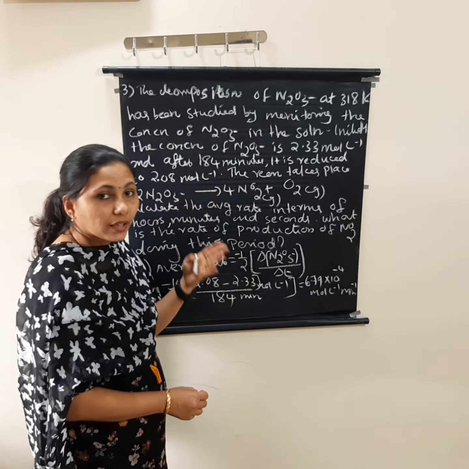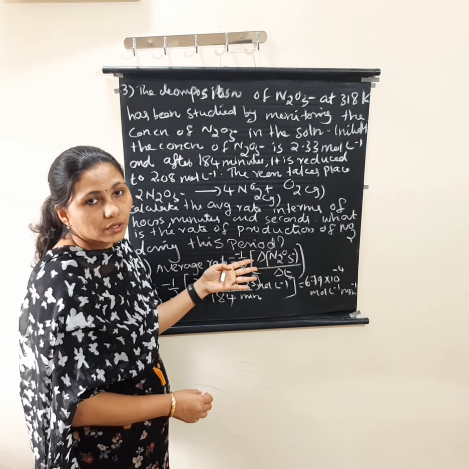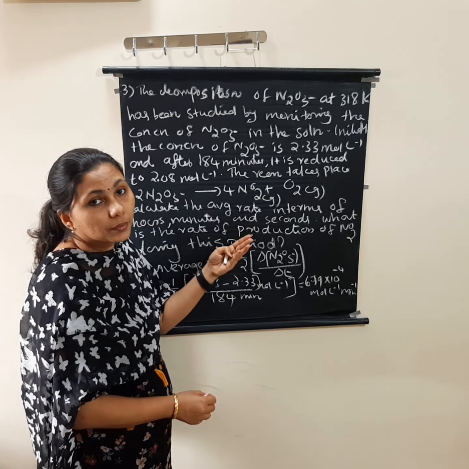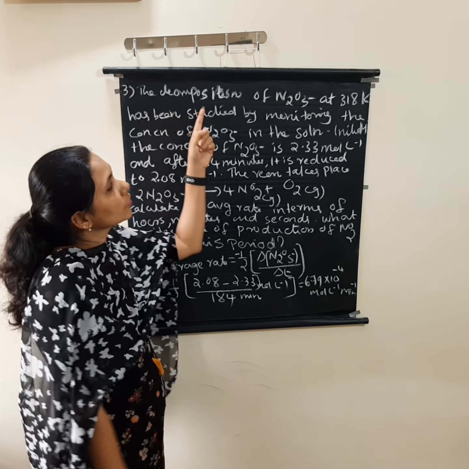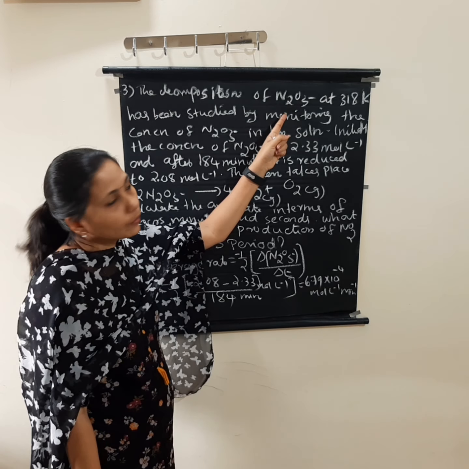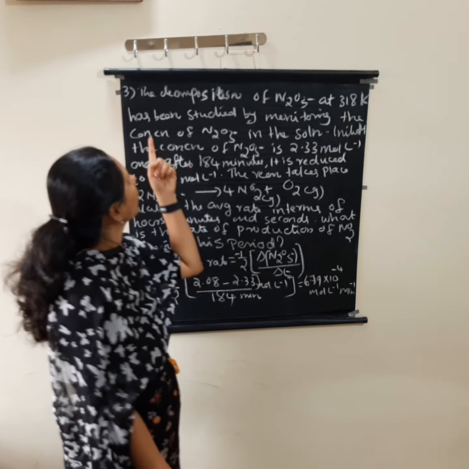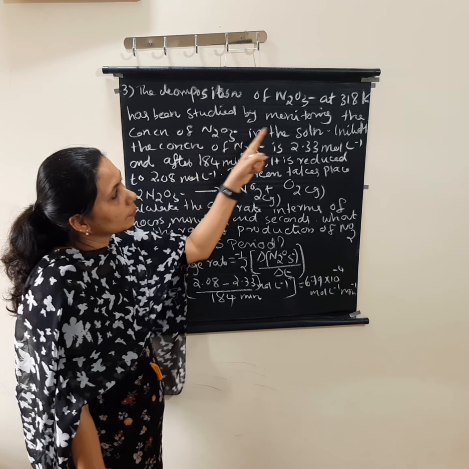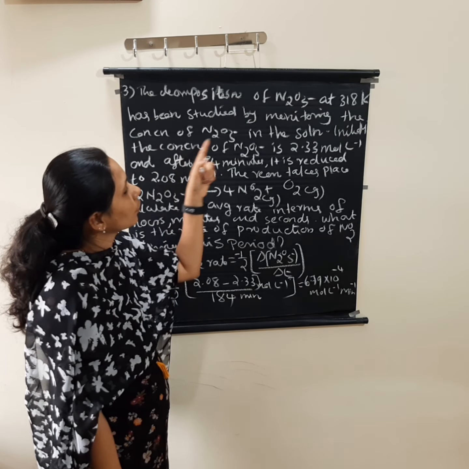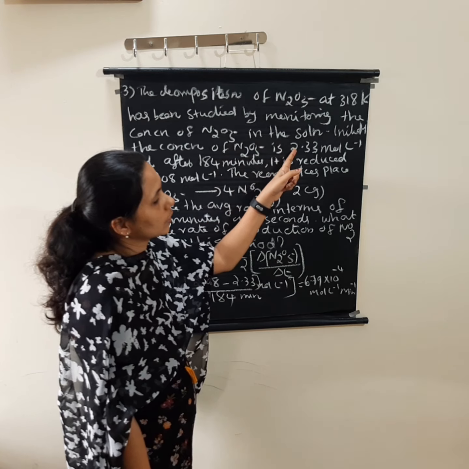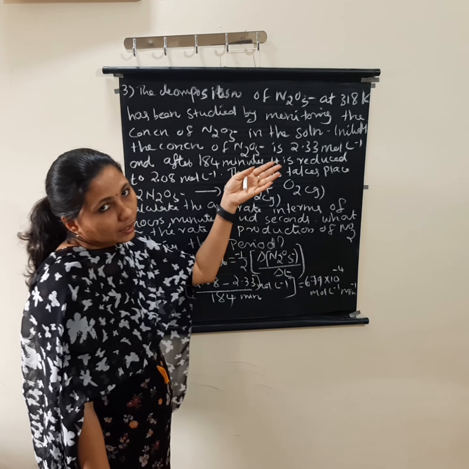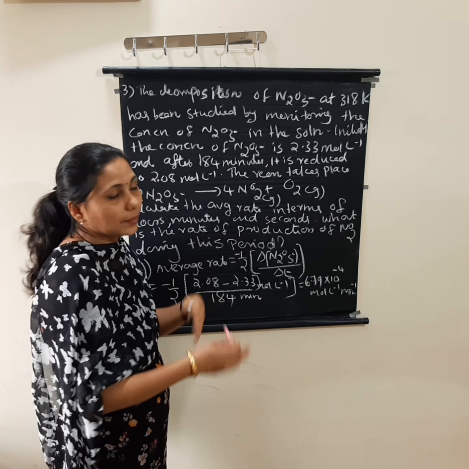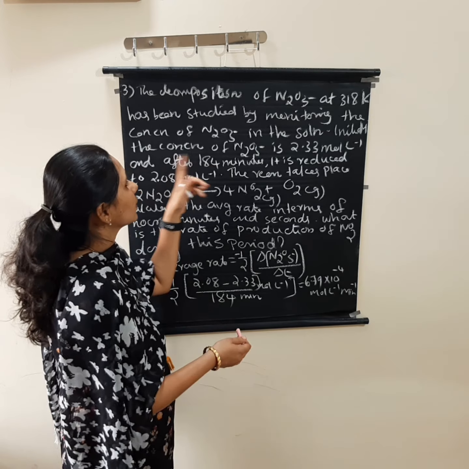The question is big, but the answer is the same as the previous one we did. The decomposition of N2O5 at 318 Kelvin has been studied by monitoring the concentration of N2O5 in the solution. This is just explaining the problem; we want only some values.